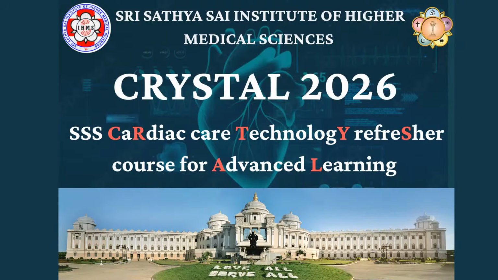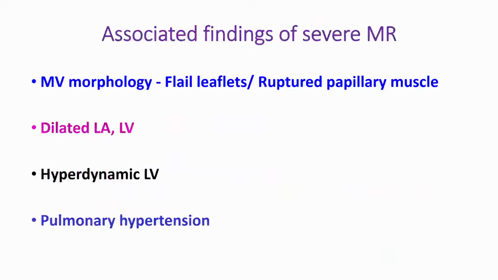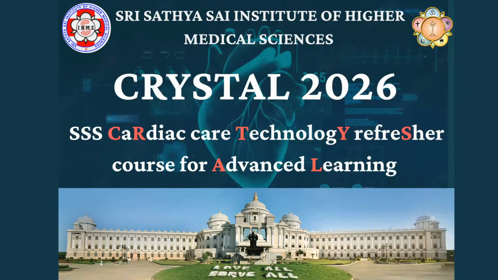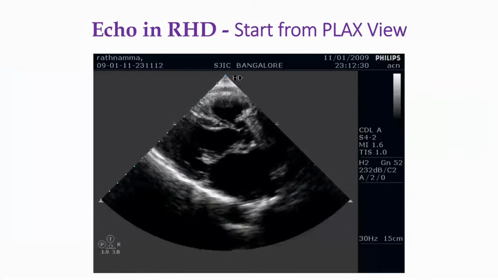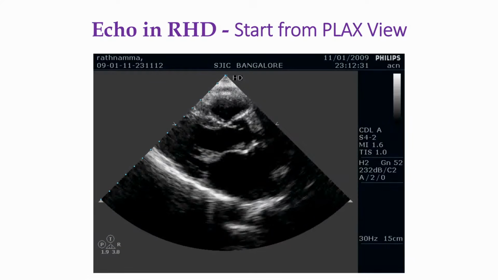So I want you all to correlate in your own mind the talk Satish sir gave with what is coming next, that is dobutamine stress echo, again for viability, and valves today. We'll have Arun's talk on echo in RHD, following which we'll have Sola sir's talks back to back.